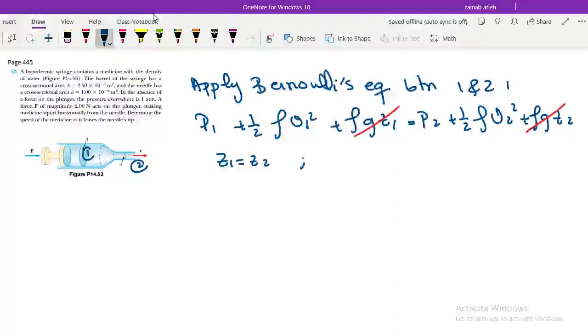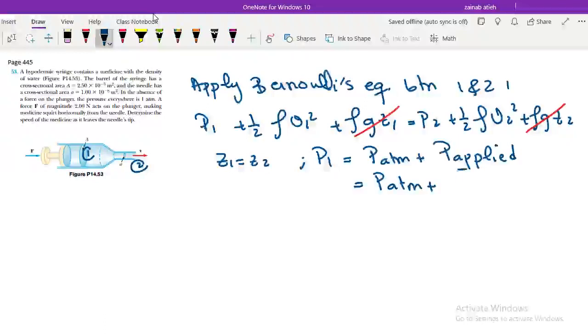So P1 is equal to P atmospheric plus P applied, it's equal to P atmospheric plus F over A. Why F over A? Because I'm applying a force F on an area big A, so P applied is F on A. P2, because point 2 is subjected to air, then P2 must be equal to P atmospheric.